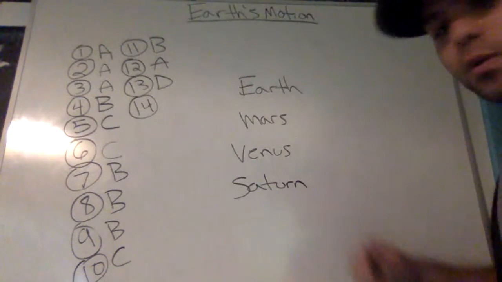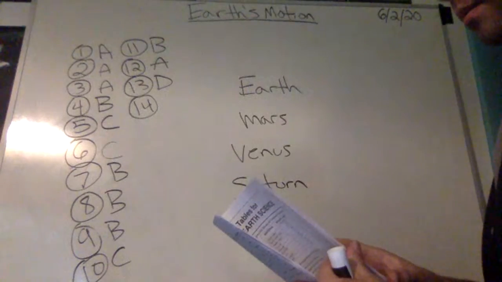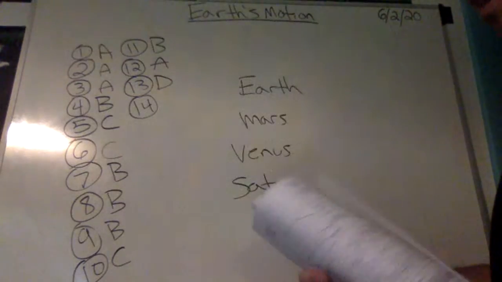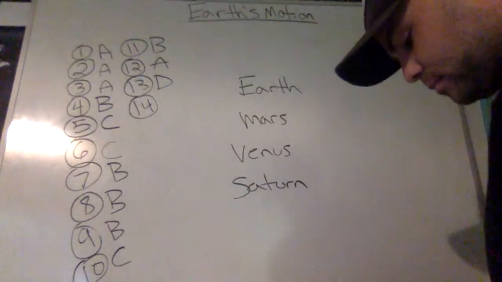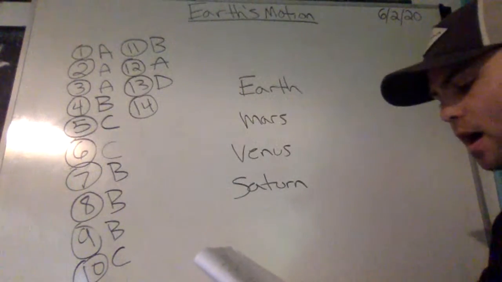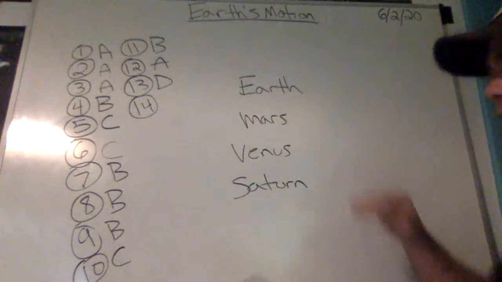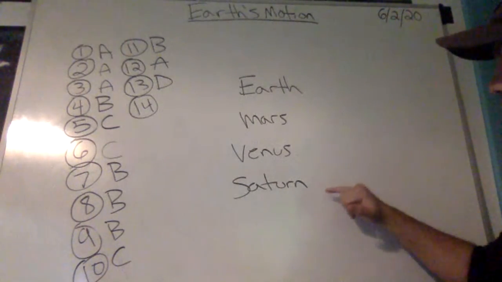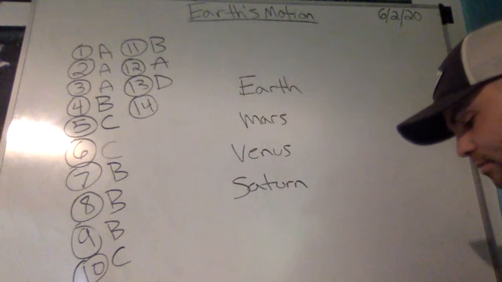Okay, those are your 4 choices. Now, what you're going to do is go into the Earth Science Reference Table, page 15, and find where it says the eccentricity of the orbit. So you have to go to each one of these planets and find out which one has the highest eccentricity.